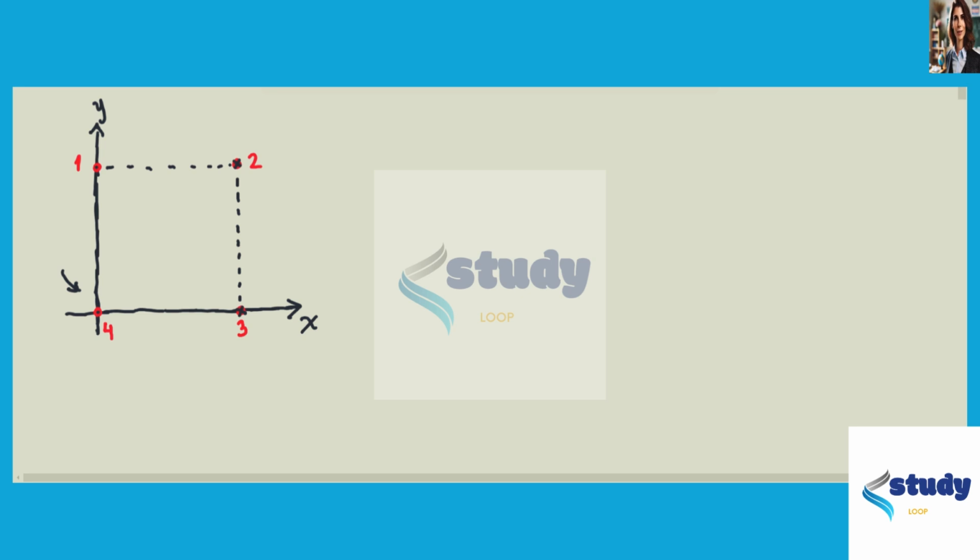So what I'm going to do is draw all the forces that the wire 4 feels because of the wires 1, 2, and 3. To do that, we know that when two wires have the same direction in current, they attract each other.